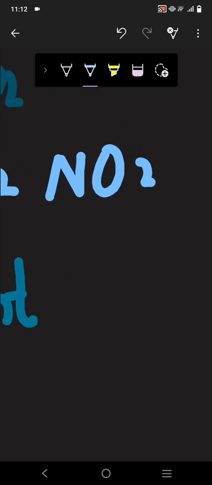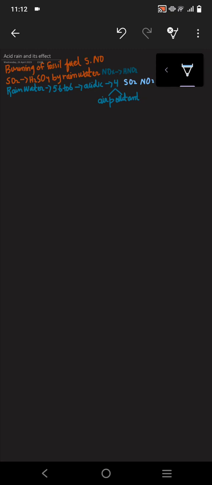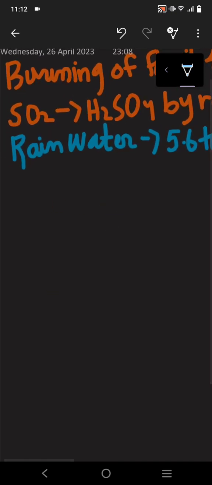The conversion of these is very harmful, and when the rain occurs, acidic rain is produced in nature.